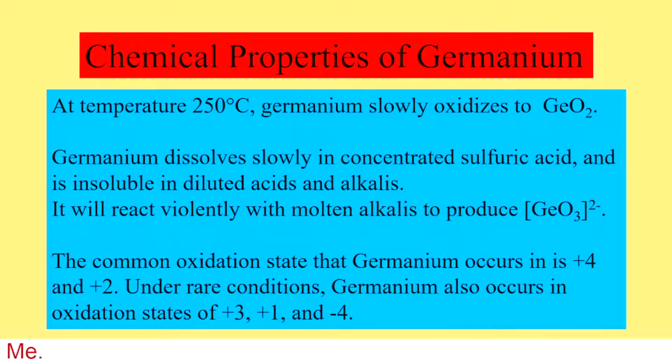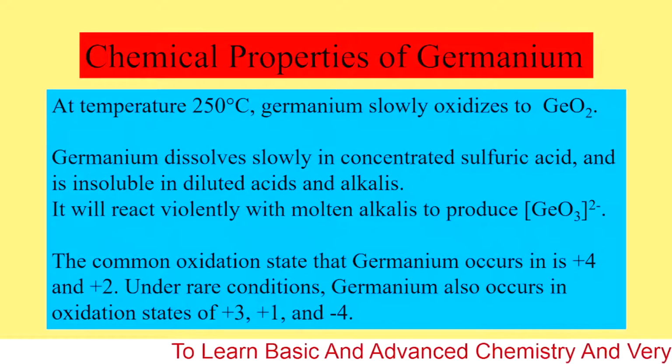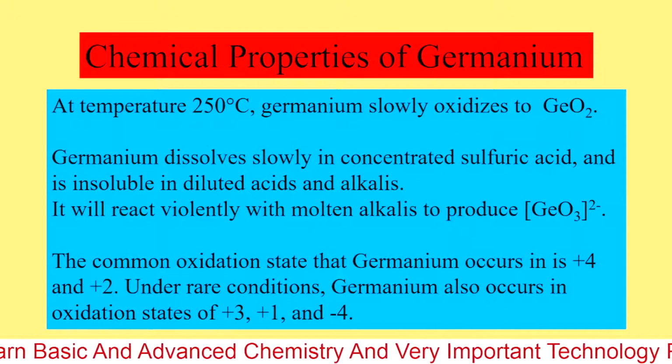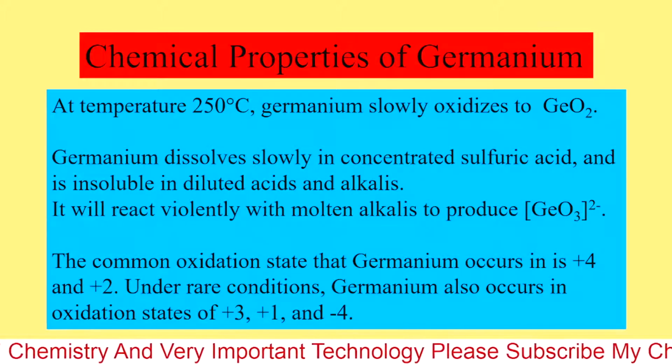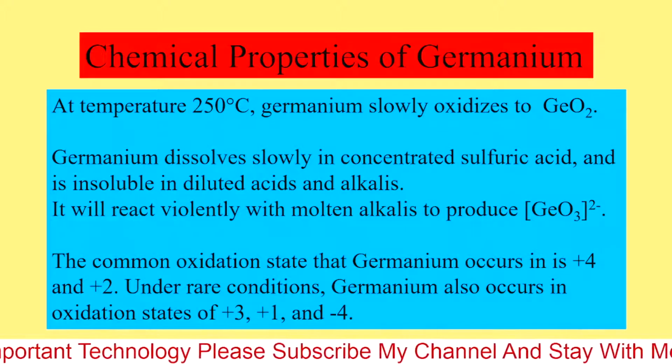Germanium dissolves slowly in concentrated sulfuric acid. That is another point: many compounds or elements react vigorously with concentrated sulfuric acid. That means if the element or metal is quite reactive, it reacts vigorously with concentrated sulfuric acid.